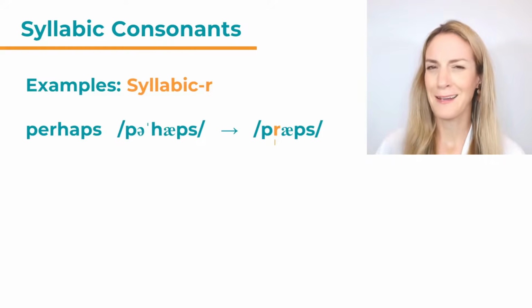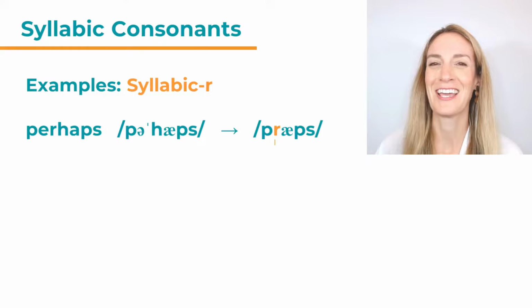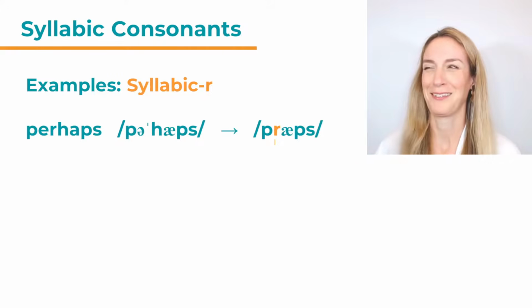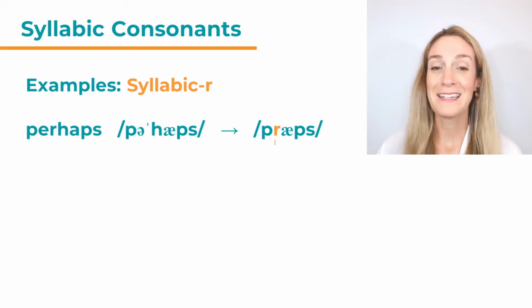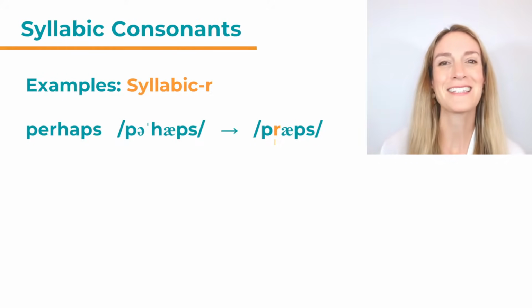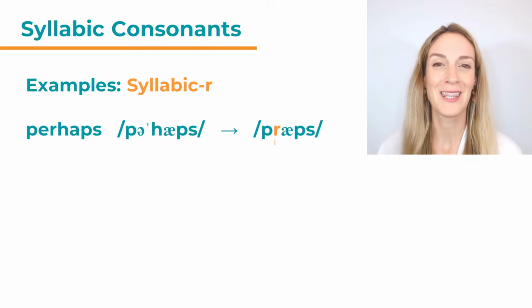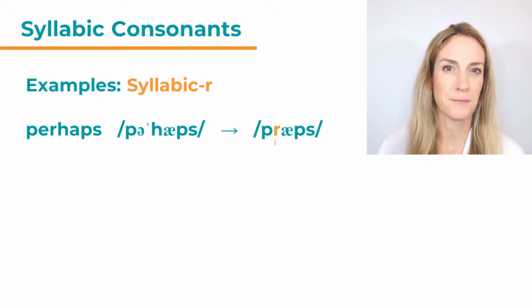Perhaps. I know it sounds strange when you say it on its own. You probably think, I don't think that's how you pronounce it. Well, it does sound like this when you hear it within a sentence and people are in conversation and they speak fast. Perhaps can become perhaps, perhaps.